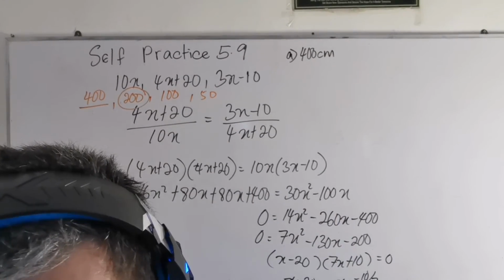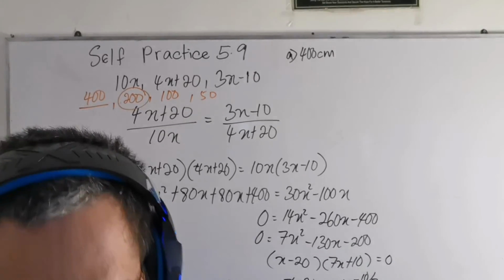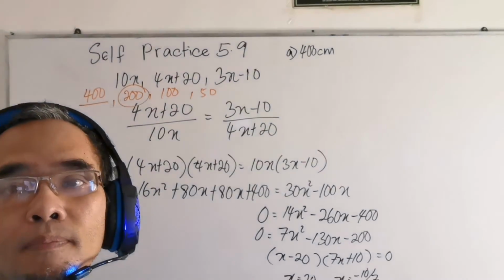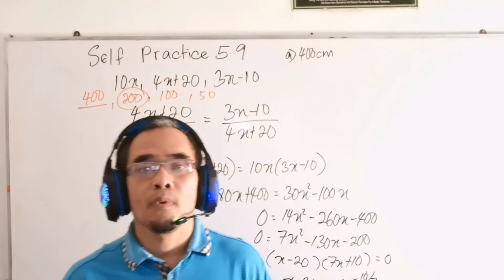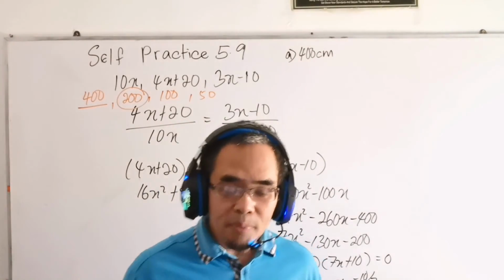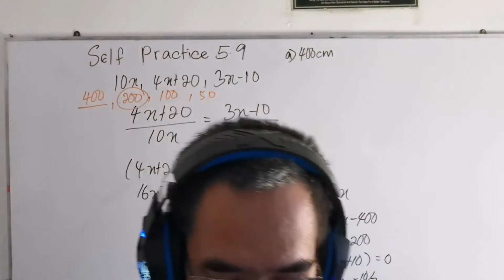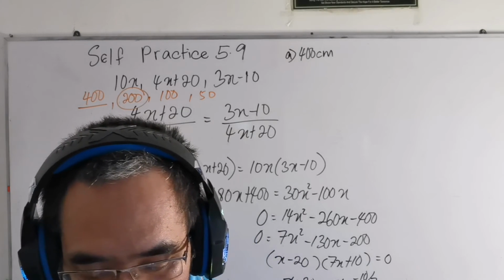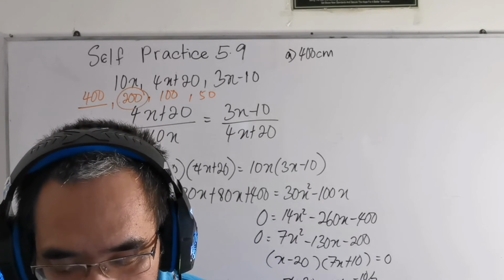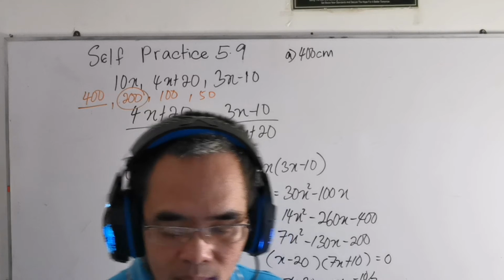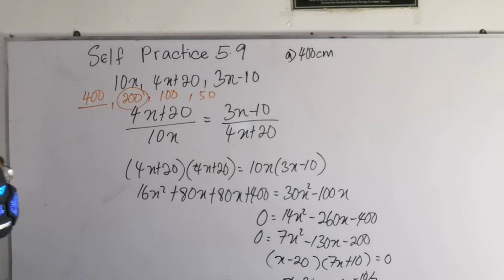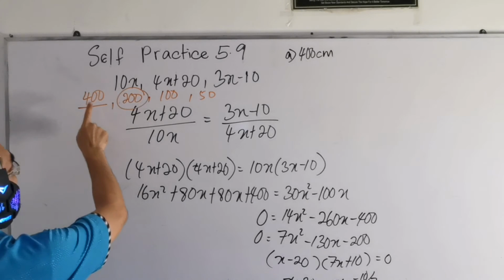Okay, all right. So for B, if the wire is cut into some to infinity pieces, find the maximum length of the wire. What does it mean by cut it into some to infinity? So you look at here again.